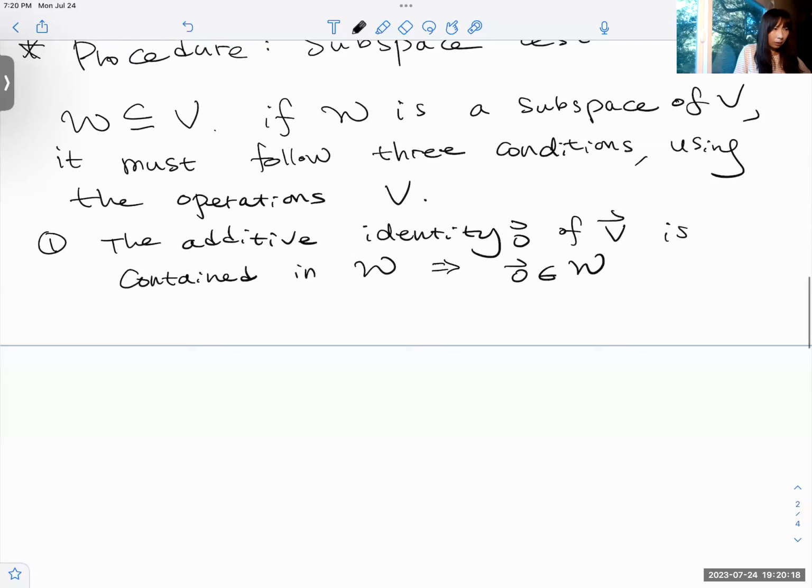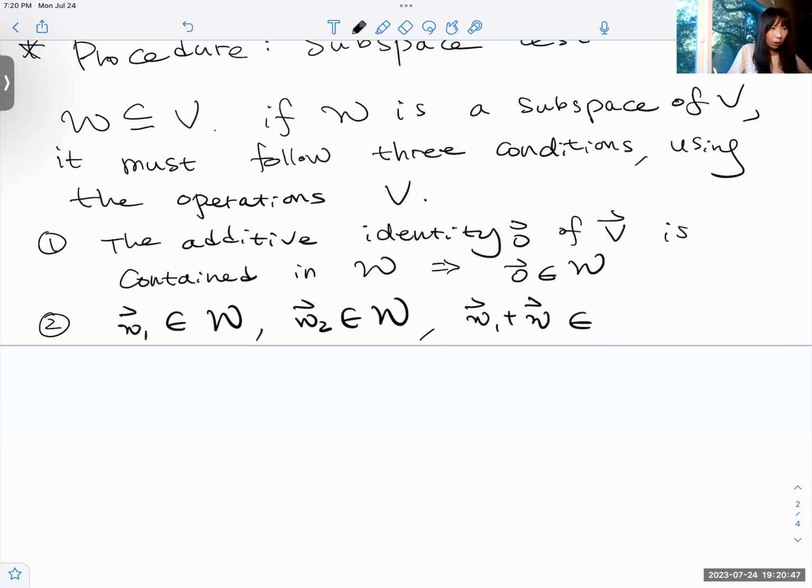Number 2, if vector W1 is in W and vector W2 is in W, then the sum W1 plus W2 is also in W, closed under addition, right?